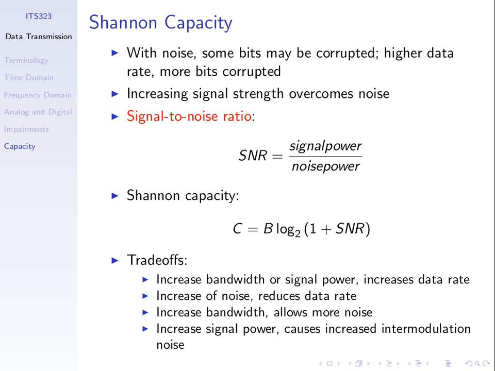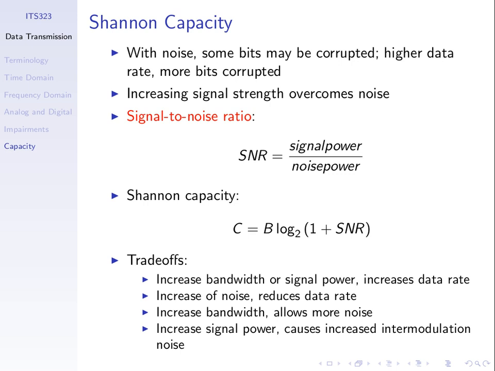So we have our source sending to a destination. Bandwidth, let's say, is 10 megahertz. And we receive a signal with some power level. Let's say 511 milliwatts. That's the received signal. I can measure the power level of the received signal.